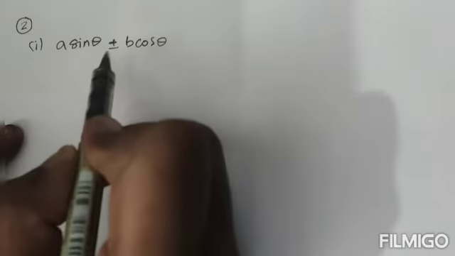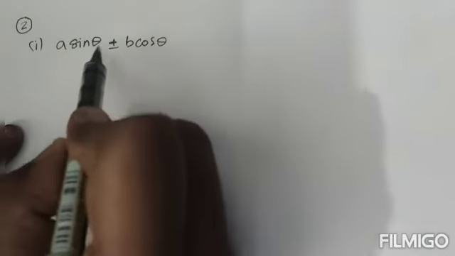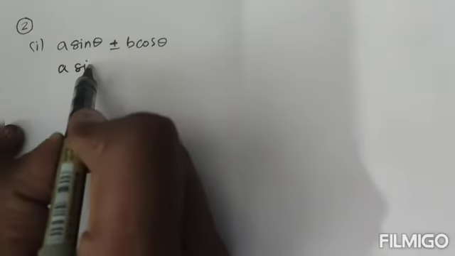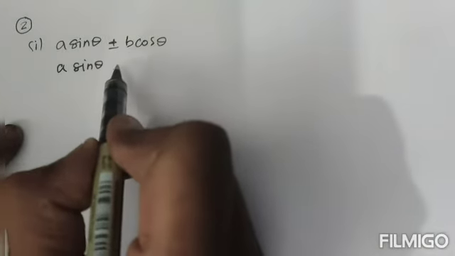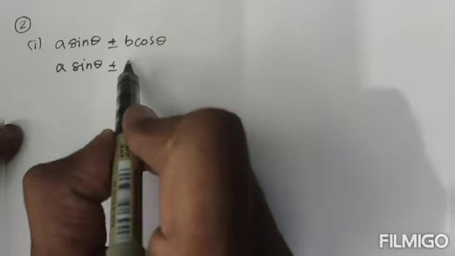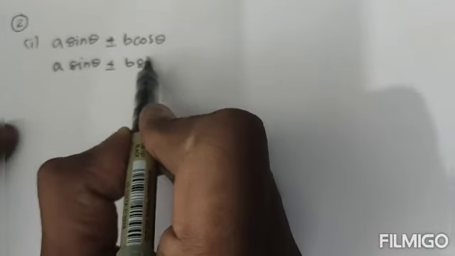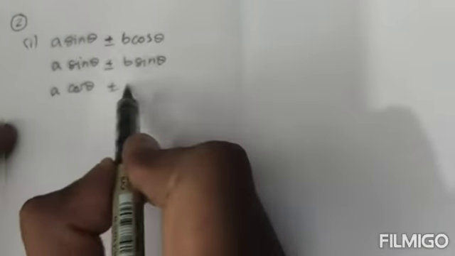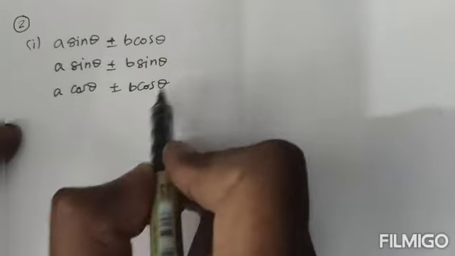Now a and b will come frequently, then the sin and cos angles will be changed. So next, a sin theta plus or minus b sin theta. The next, a cos theta plus or minus b cos theta.